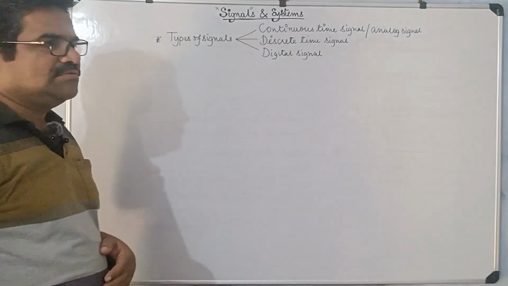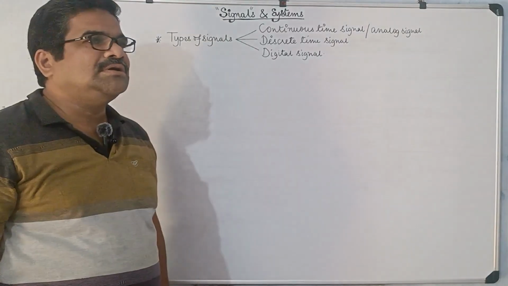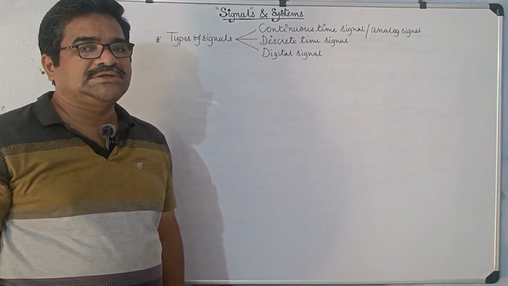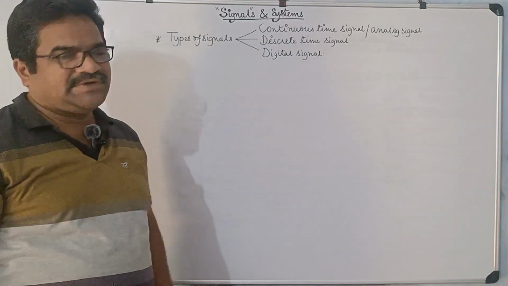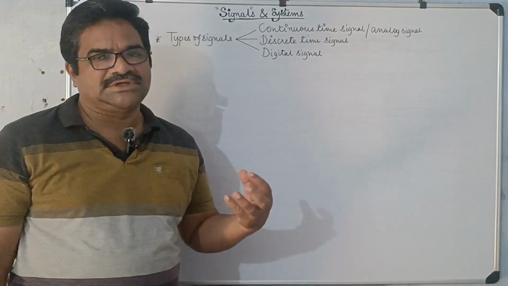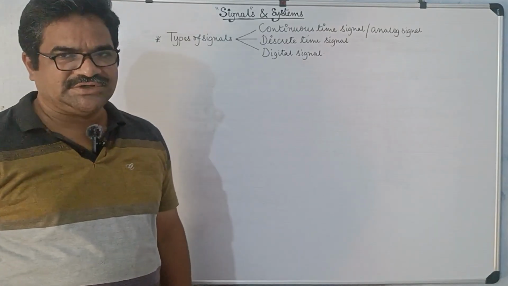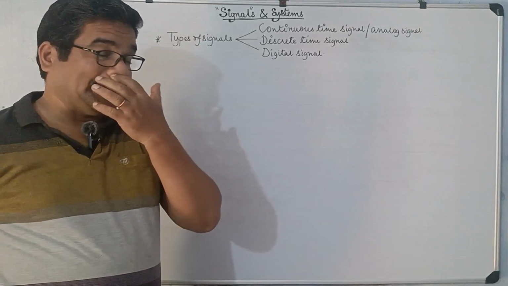So in general, whatever signals you have, by nature they are analog signals or continuous time signals. For example, I am generating a speech signal. It is a continuous time signal. It keeps on changing with respect to time, and it is also known as an analog signal.